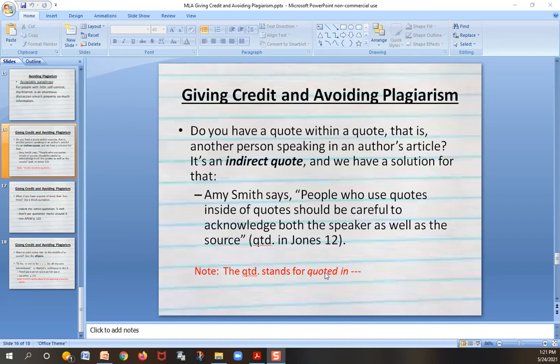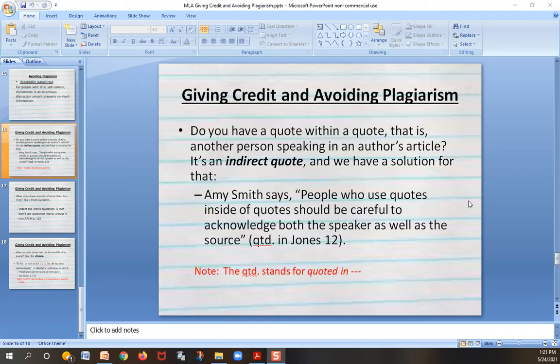But let's say she appears in an article written by George Jones. So what I have to do is acknowledge that she didn't write the article. This is her speaking. It was Jones who wrote the article. Maybe he interviewed you or something like that. And so we use QTD in Jones, again, if there is a page number, and that stands for quoted in. So this is a solution for those kinds of quoted sources.